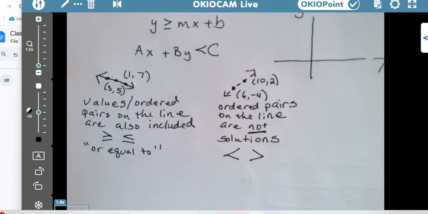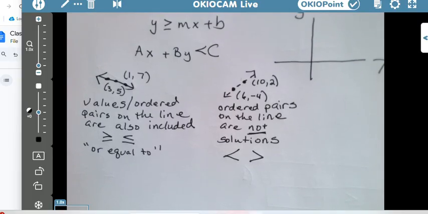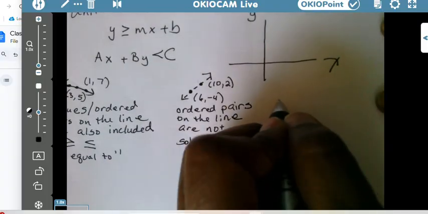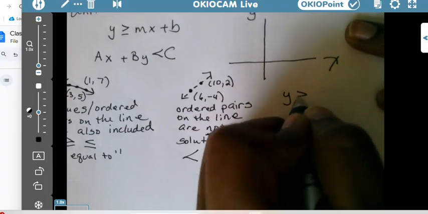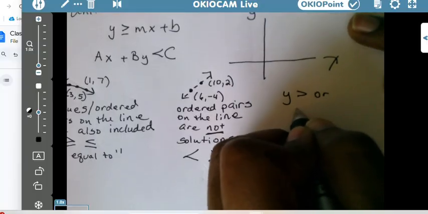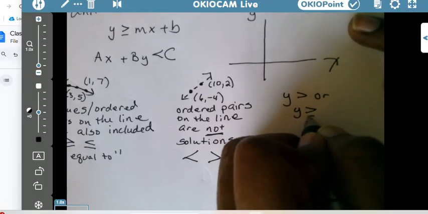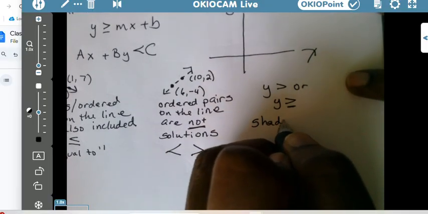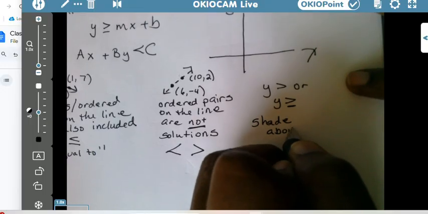All right. How do we shade above and below? That's the last part. If y is greater than, or if y is greater than or equal to, then we are going to shade above the line.